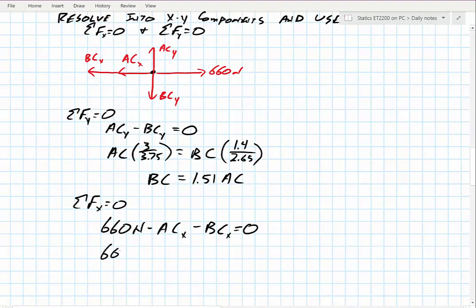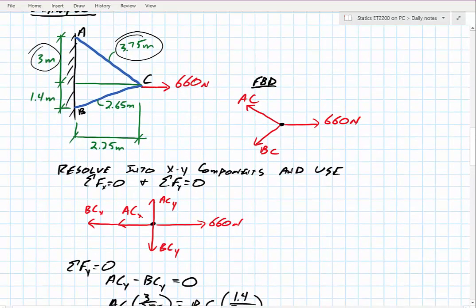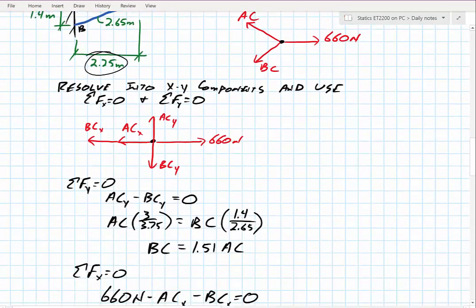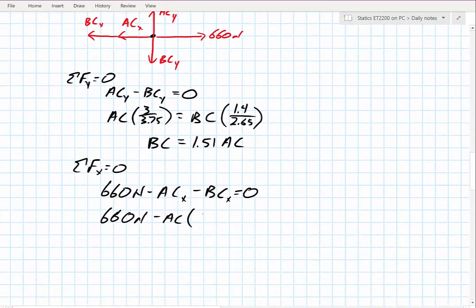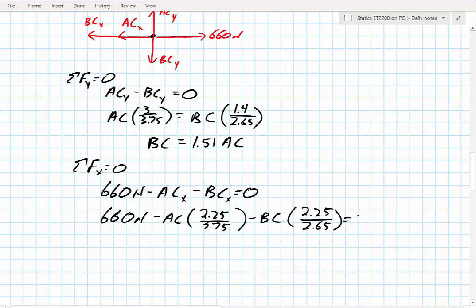So I have 660 newtons minus AC, and for the x component I look at how far I go in x over the hypotenuse for each one. For AC, I have 2.25 over 3.75, minus BC times 2.25 over 2.65, is equal to 0.